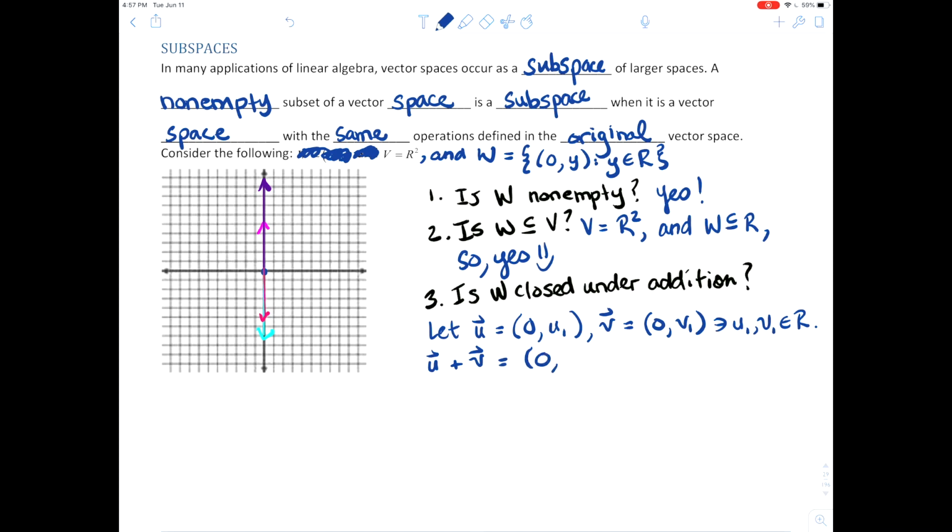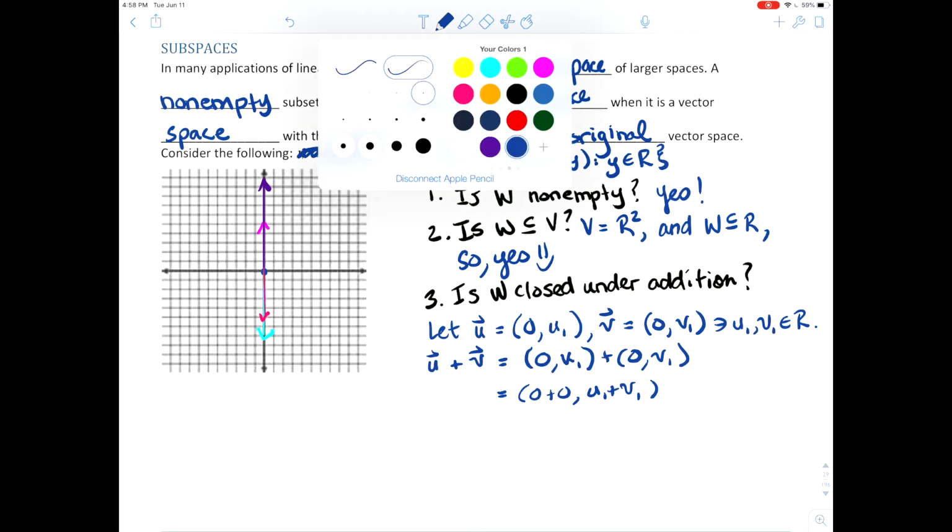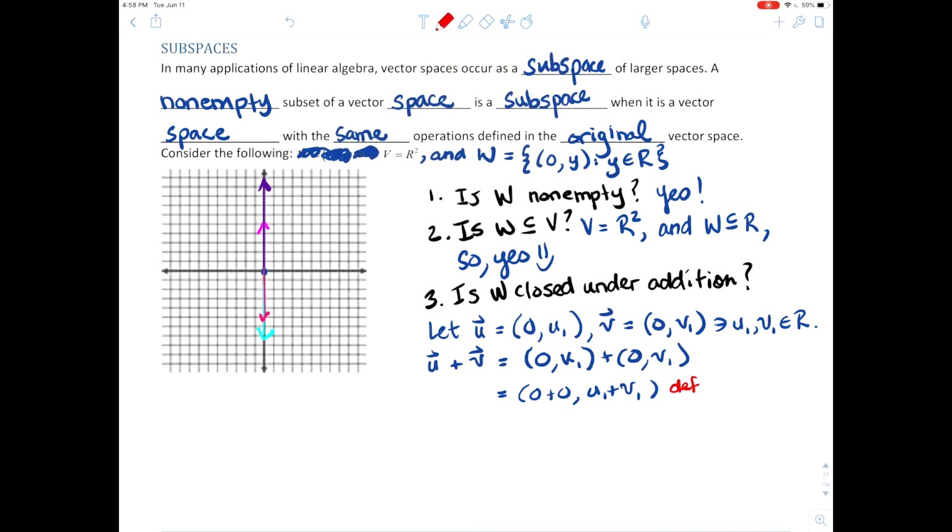So we would have 0, comma, U1 plus 0, comma, V1. That's equal to 0 plus 0, comma, U1 plus V1. And that's by the definition of vector addition.